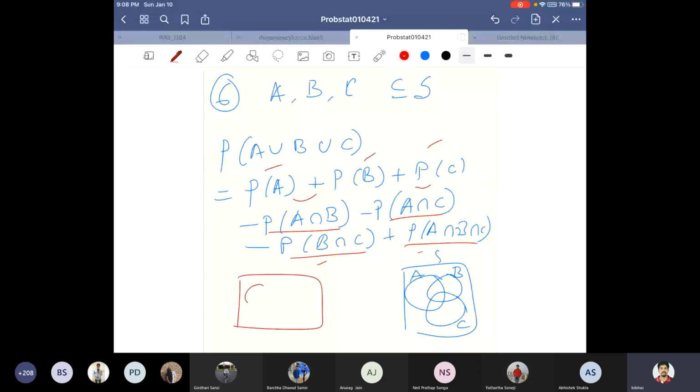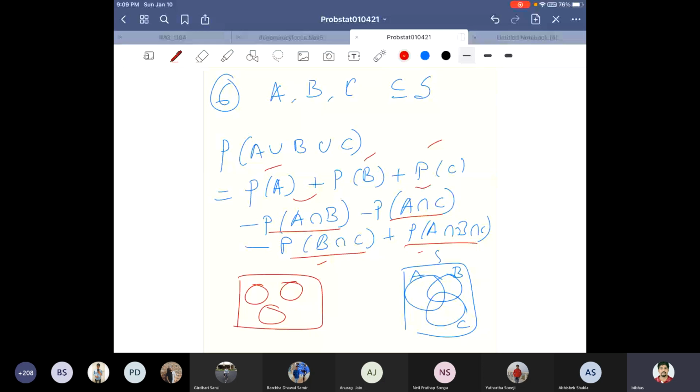This is A, this is B, this is C. Suppose I say the event that there is a student in this course in section A who is studying, let's say, ocean engineering, and another event, the number of students from electrical engineering, and there is another event. Something like that, A, B, C.